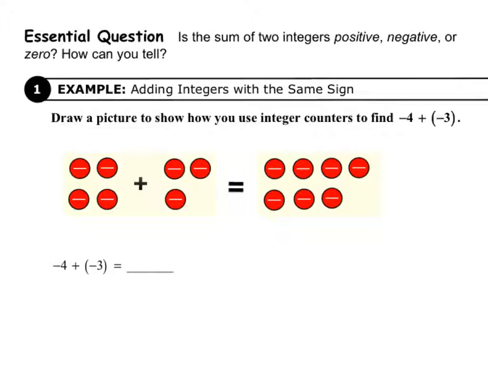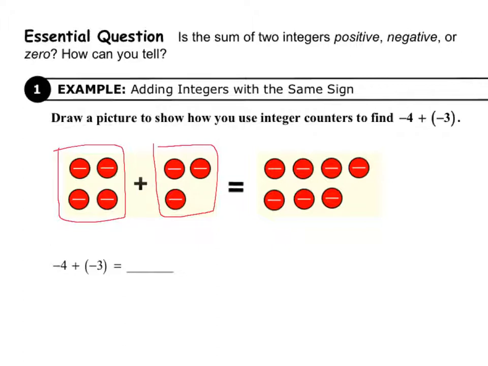So since we're drawing a -4, you would draw, just like I have drawn here, 4 circles with negative signs in them. Draw that in your book, and then draw an addition sign, and then draw 3 circles with negative signs in them to represent the -3.